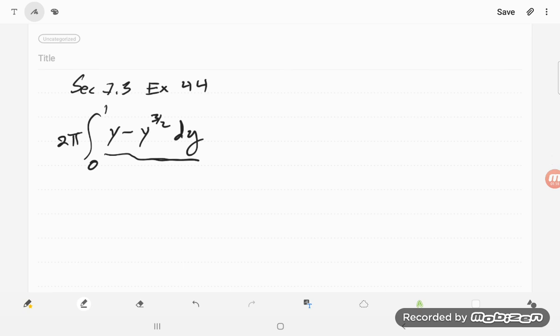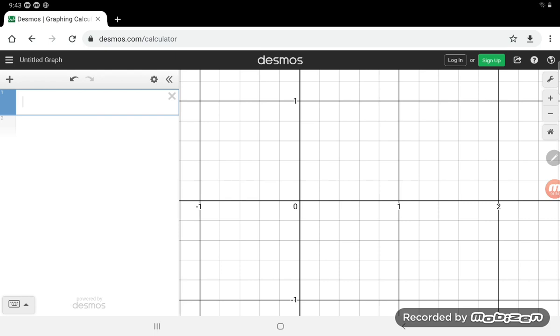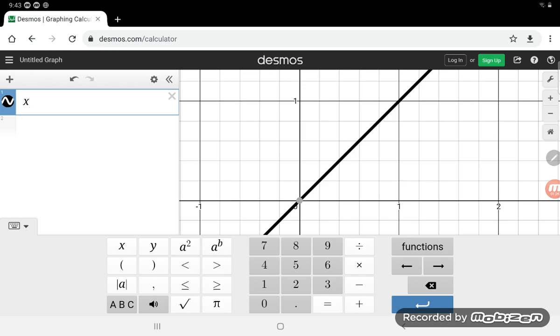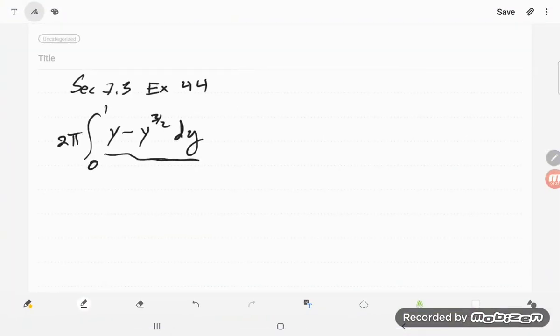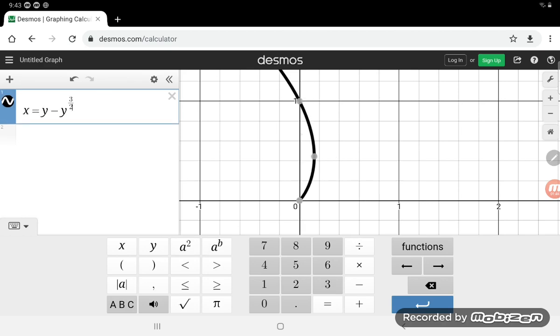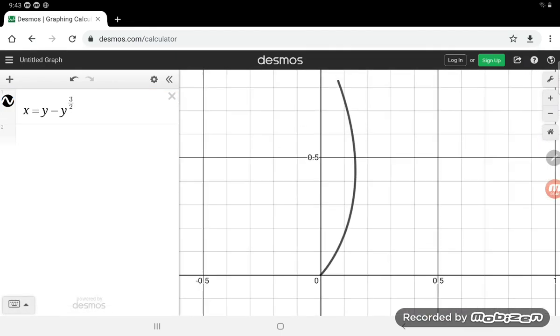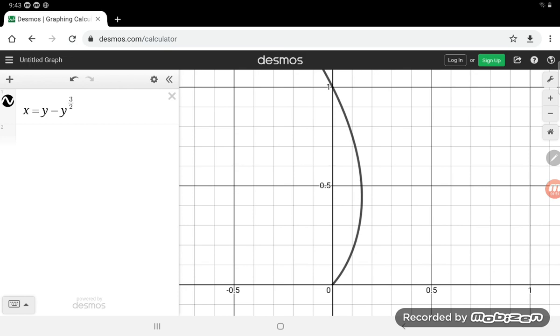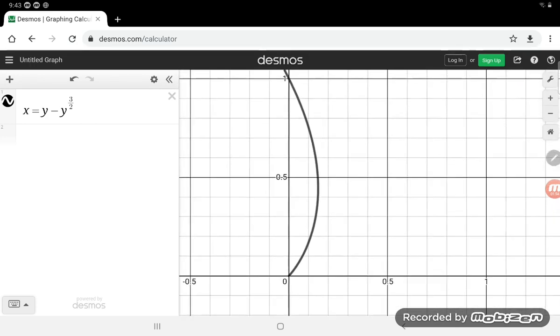Now I might be able to get Desmos to give me a nice picture of that simply by writing it as an equation. So x equals y minus y to the 3 halves, so y to the 3 divided by 2. And so I get this region here so far.